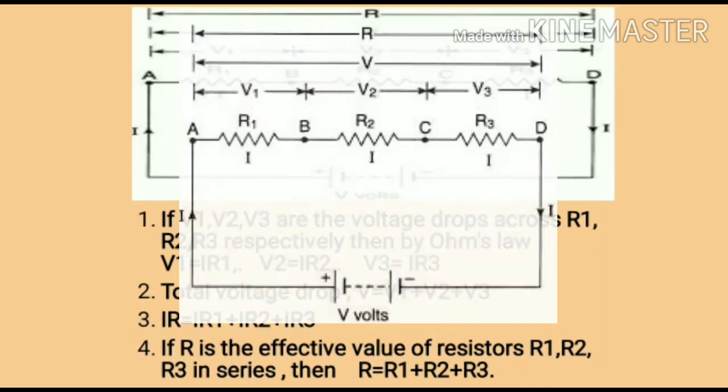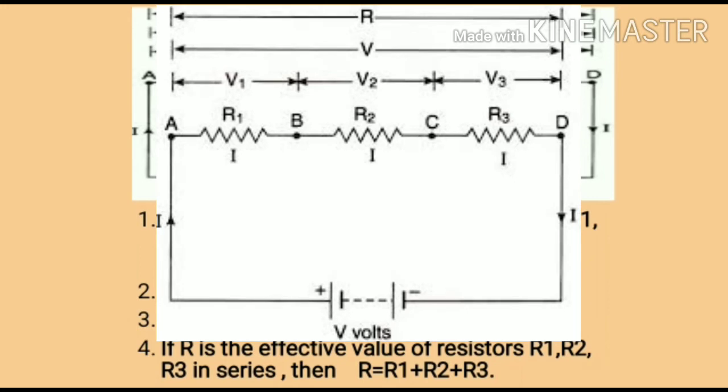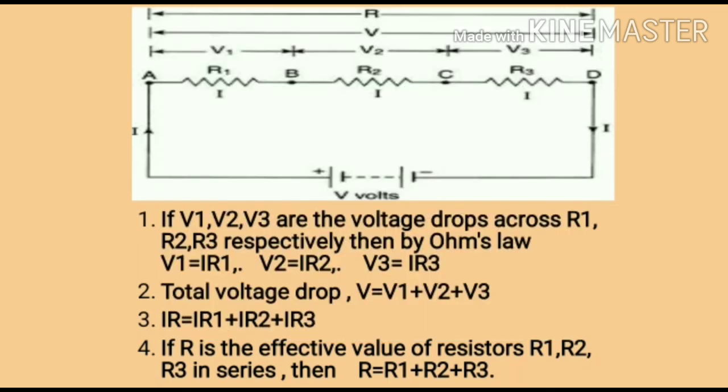In the figure, if V1, V2, V3 are the voltage drops across R1, R2, R3 respectively, then by Ohm's law, V1 equal to I into R1, V2 equal to I into R2, V3 equal to I into R3. The voltage drop is equal to V equal to V1 plus V2 plus V3, which is the total voltage drop.